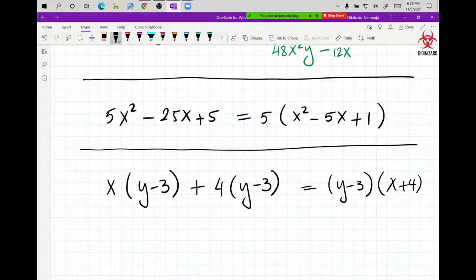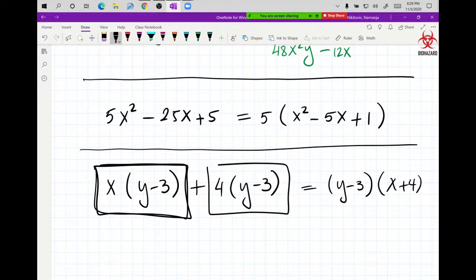So technically, this is a unit. This is one term. And this is the second term. And these two terms have something in common, right? The entire parenthesis is the GCF, greatest common factor, because it's identical in both of these.